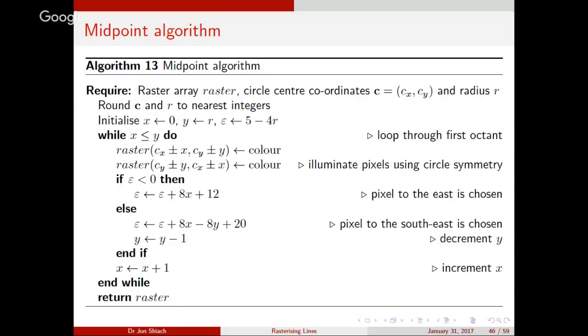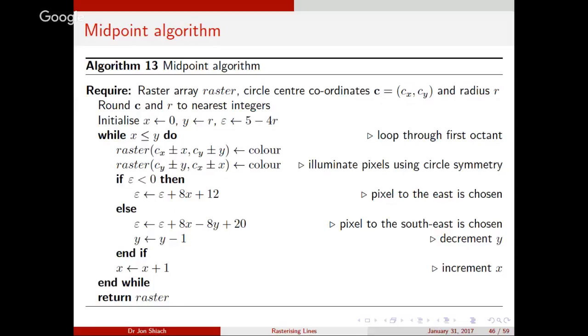Now here, our epsilon is minus 31. So that's less than 0. If it's less than 0, it means we go to the east. So we go to the east and we update epsilon.